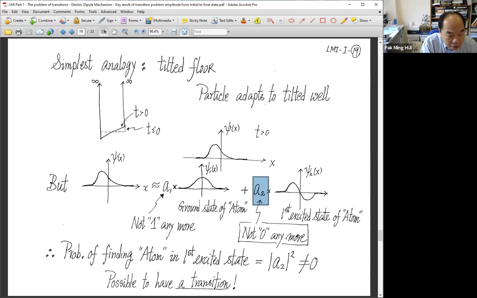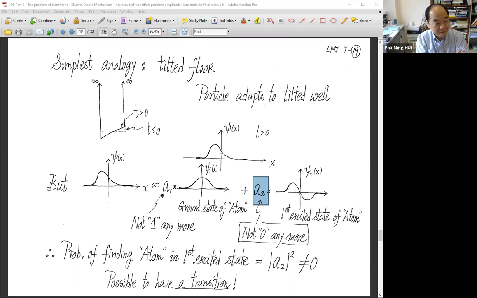Then our task will be to look for quantum mechanics formulas for A2T square.